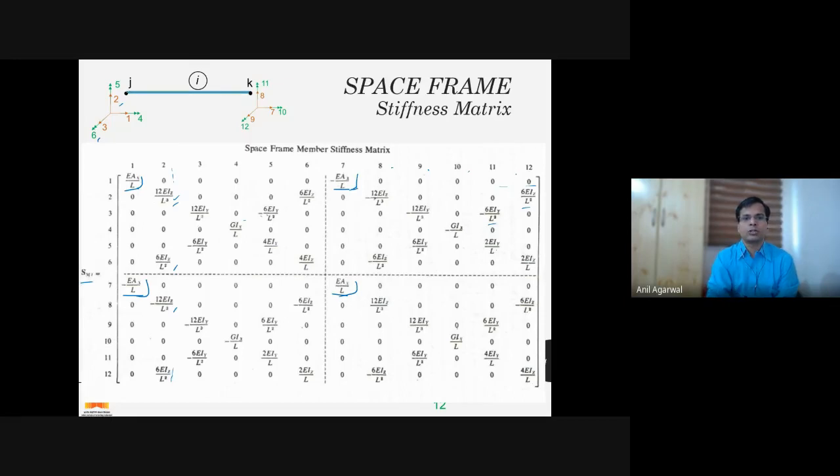So to introduce a unit deformation in 2, you have to apply a force in this direction, a moment in this direction, a force in this direction, positive or negative, and a moment in this direction. So that's why you have 8 and 12. This is 12. And this is basically 6. Right? So that's why you have coupling terms at 6, 8, and 12.